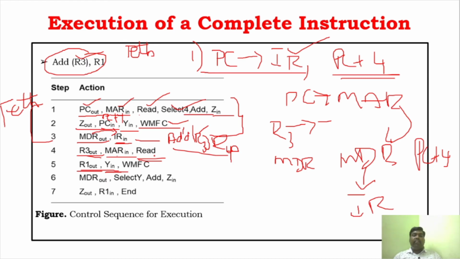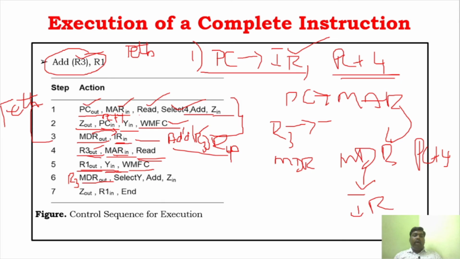And it is still waiting for this read operation to complete. Once this signal is received, what will happen? The content of R3 will be saved in MDR, because that is the read operation. So at the end of the read operation, the MDR will have the content of R3.